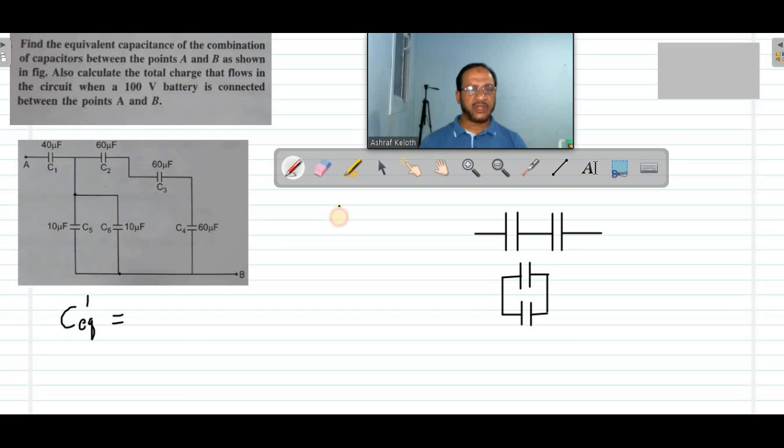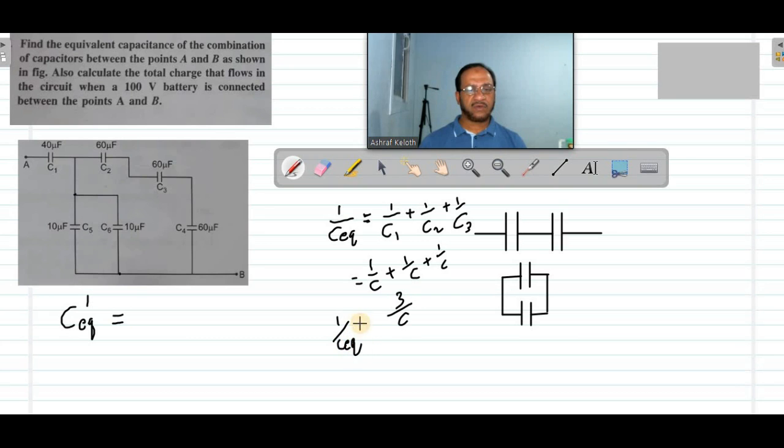In series combination, what is the equation for equivalent capacitance? 1 by C equivalent is equal to 1 by C1 plus 1 by C2 plus 1 by C3. We can use C by N. Here all have the same C value, so 1 by C plus 1 by C plus 1 by C is equal to 3 by C. So 1 by C equivalent equals 3 by C, so C equivalent equals C by 3.